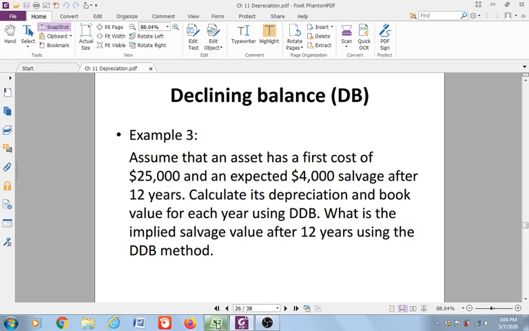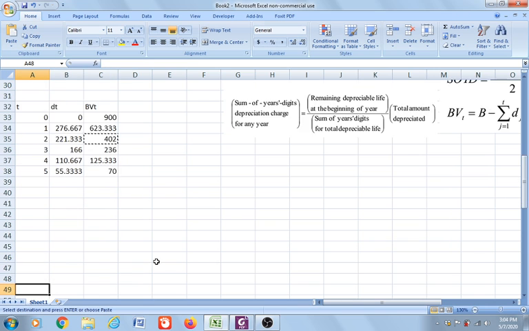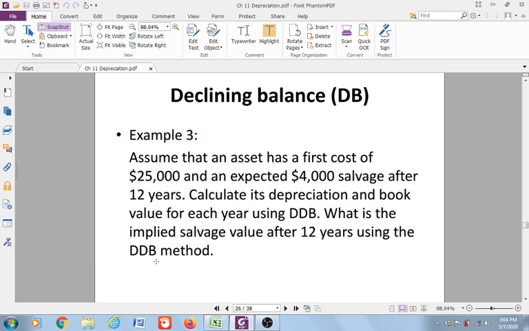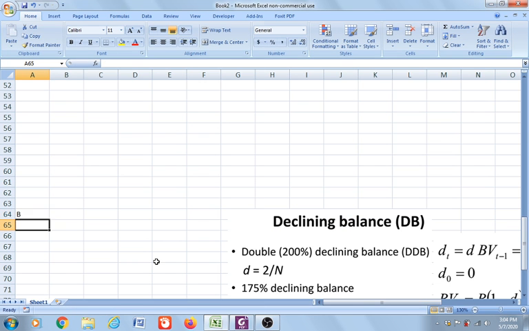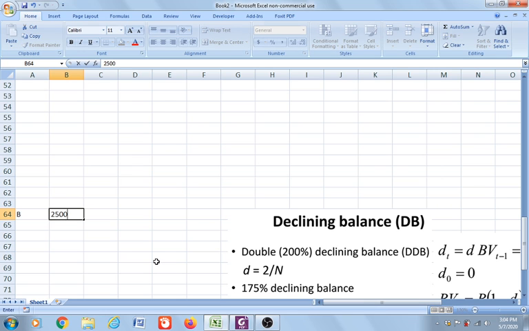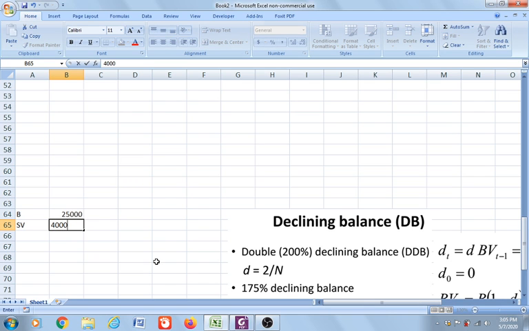Okay, now let's apply this method. We have the basis, which is 25,000, the salvage value, which is 4,000, and capital N, 12 years.